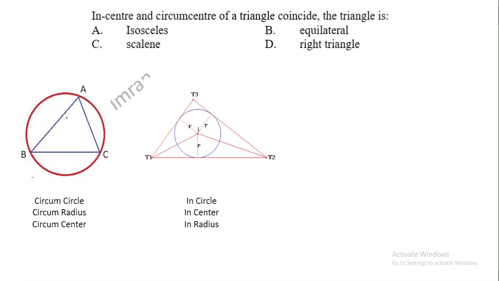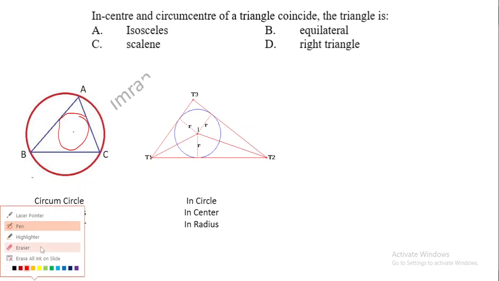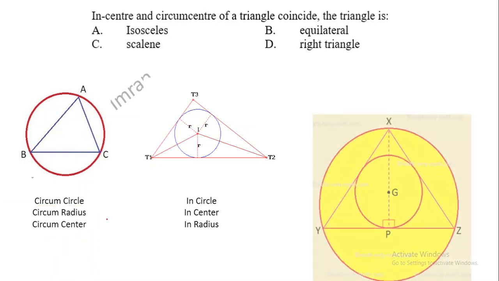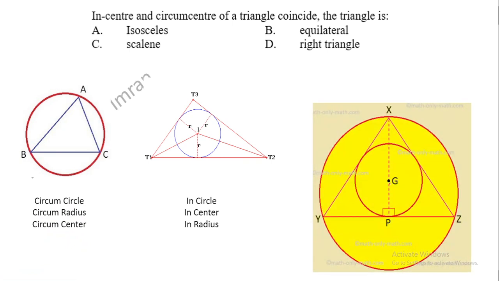So look, this outside circle passes through the vertices, this is the circumcircle, and this is my incircle. This is the center. When you have this situation, what is this triangle? This triangle is an equilateral triangle. So the right option will be the B option.